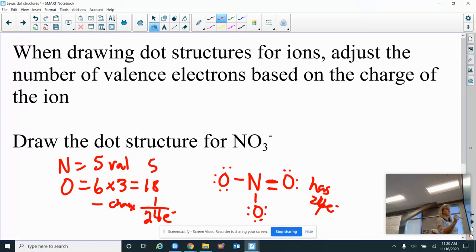So that's a good structure. And then because it's an ion, it's nice if we can put it in brackets to show the minus charge. That's what you're supposed to do with ions. So show that it has a charge overall, and the brackets show that it's an ion. Okay, so that would be for nitrate.